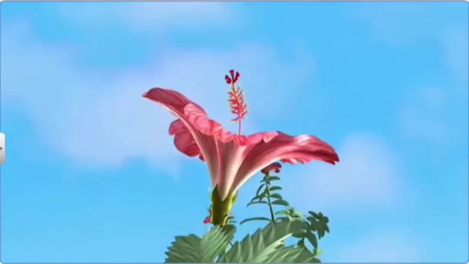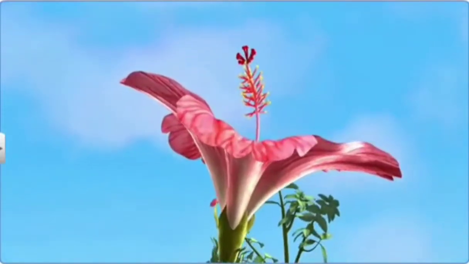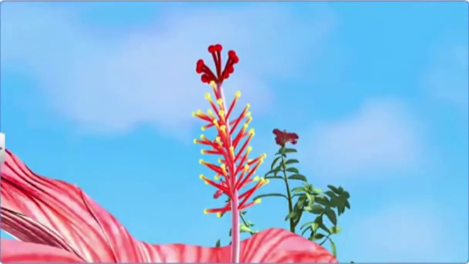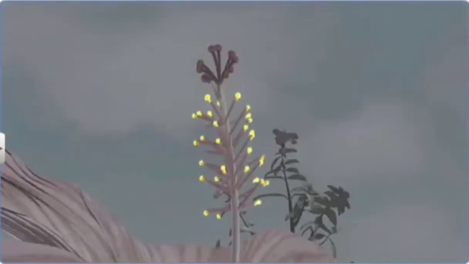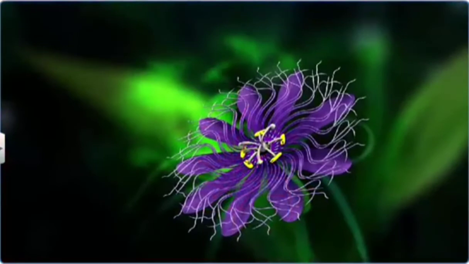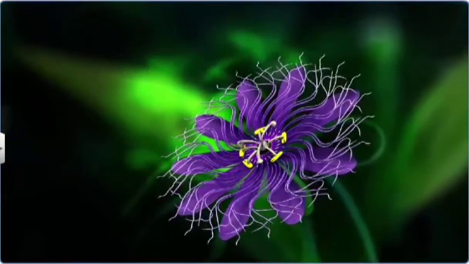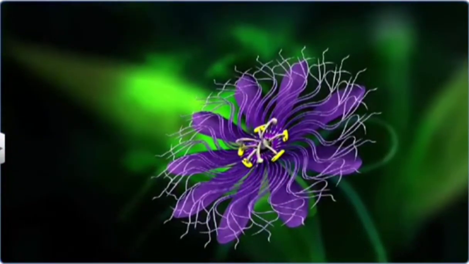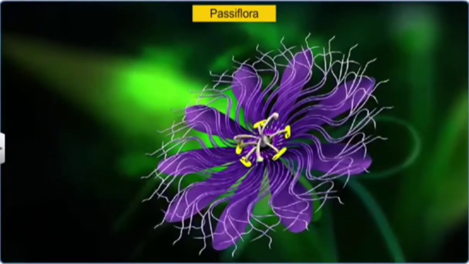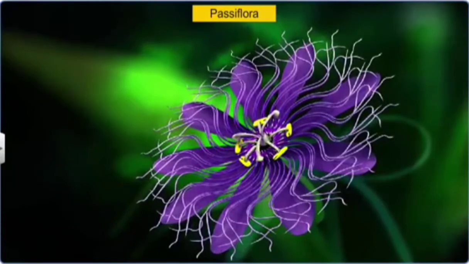In some plant species, such as hibiscus, the anther and stigma are placed at different heights, which disallows self-pollination by preventing the pollen from falling onto the stigma. This condition is called herkogamy. However, other plant species, such as passiflora, have developed a genetic mechanism called self-incompatibility or self-sterility.